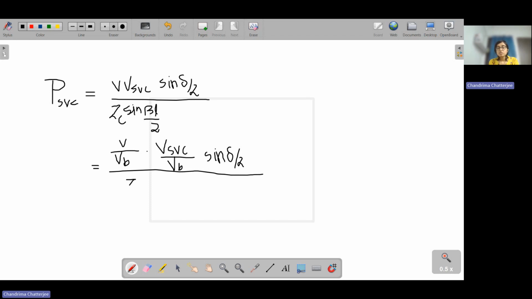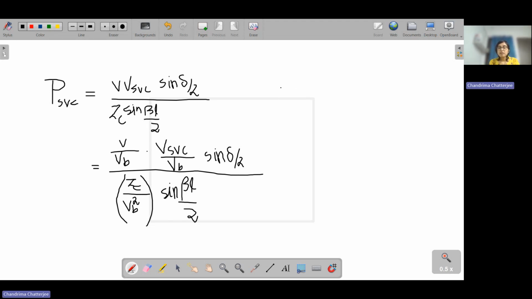In the denominator also, here we can place VB square, sine beta L by 2. So this quantity here, ZC by VB square, this is 1 by PC, where PC is the surge impedance loading.